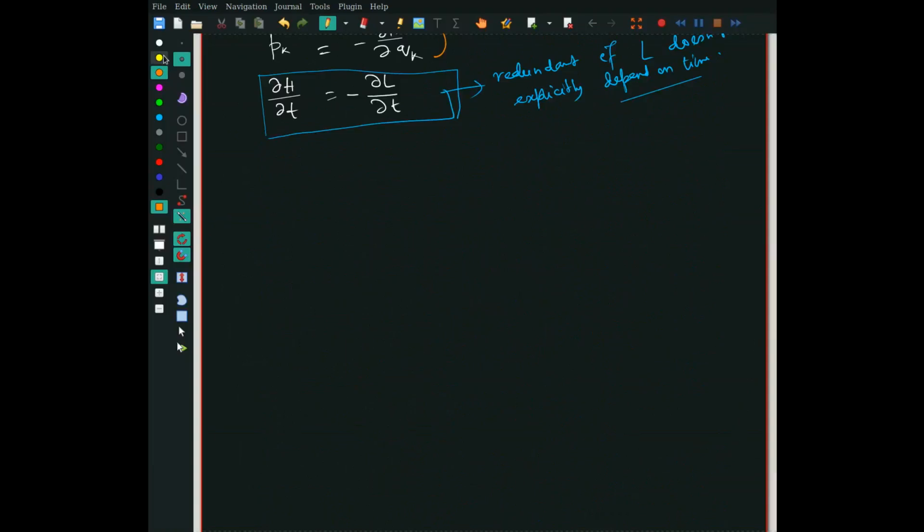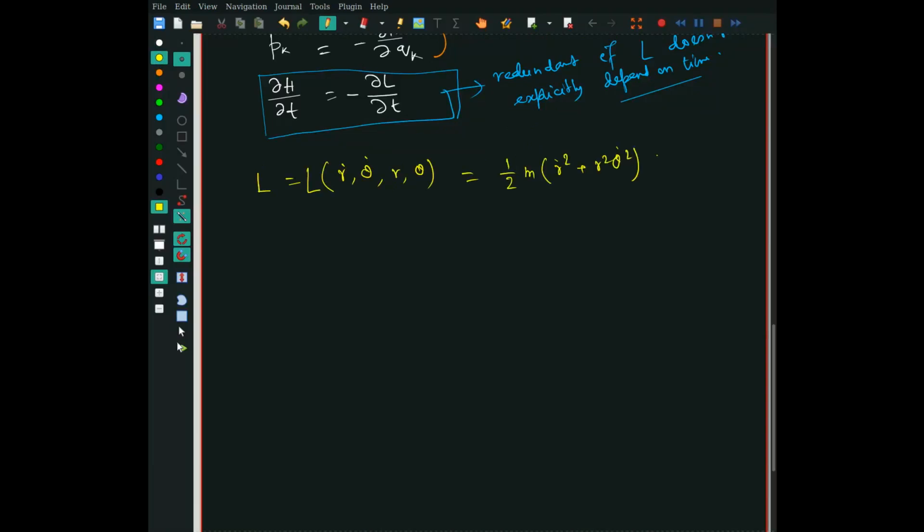Let's say I write down my Lagrangian, which is a function of the generalized coordinates and derivatives r and theta, and which is given by half m r dot square plus r square theta dot square, minus V(r). So this is the Lagrangian of a central potential in, say, 2 dimensions. Okay. So your job is, what is the Hamiltonian?